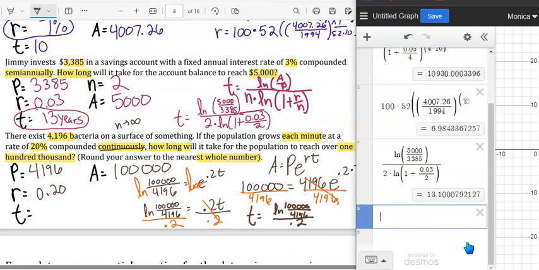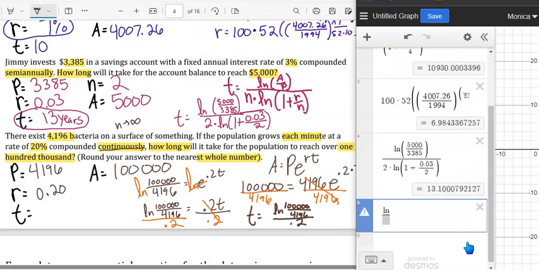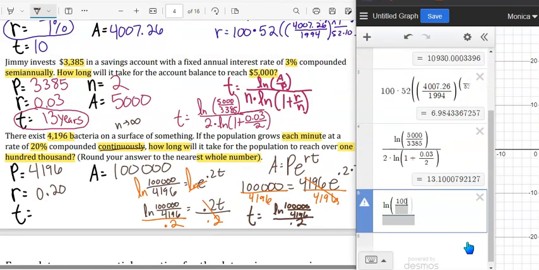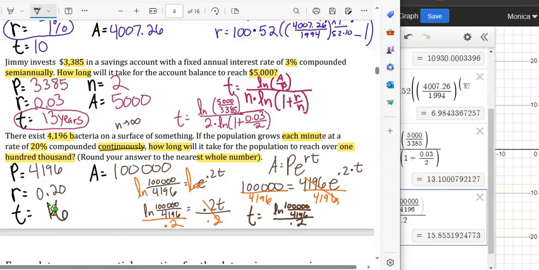Let's type this into Desmos. ln of 100,000 divided by 4,196, all divided by 0.2. We get about 16. And it's not years this time, it's going to be minutes.